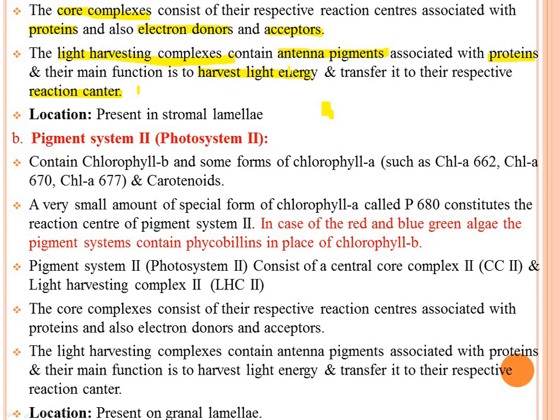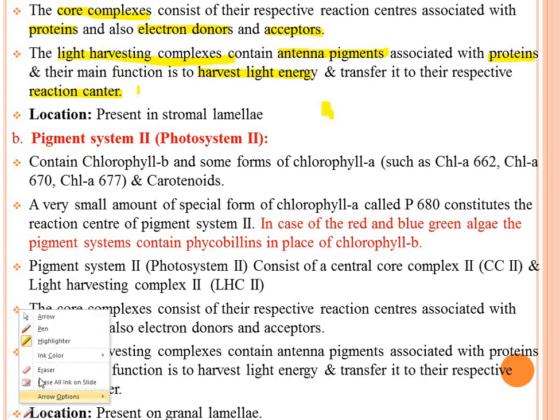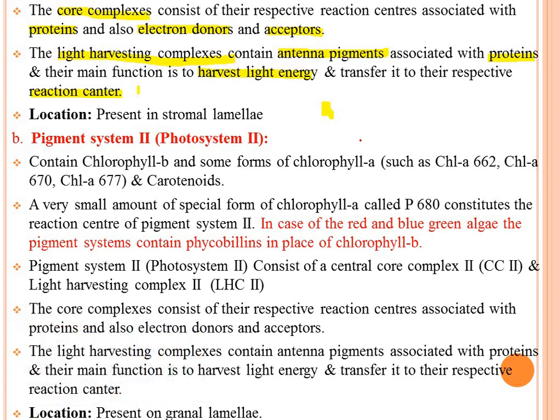Out of that, only chlorophyll A is the main reaction center, while the others are accessory pigments. They only receive the light and transfer it to the main reaction center, that is chlorophyll A.